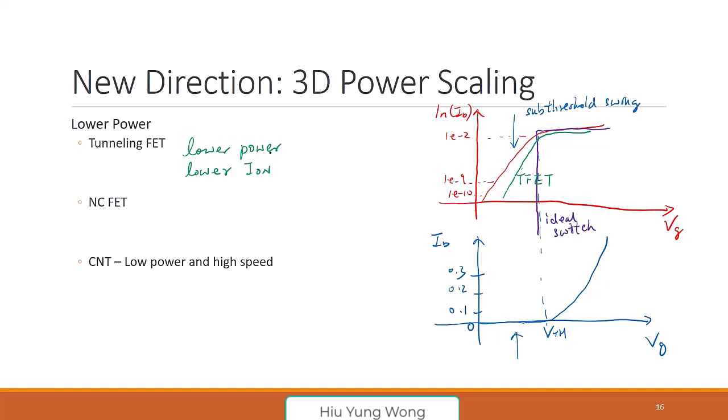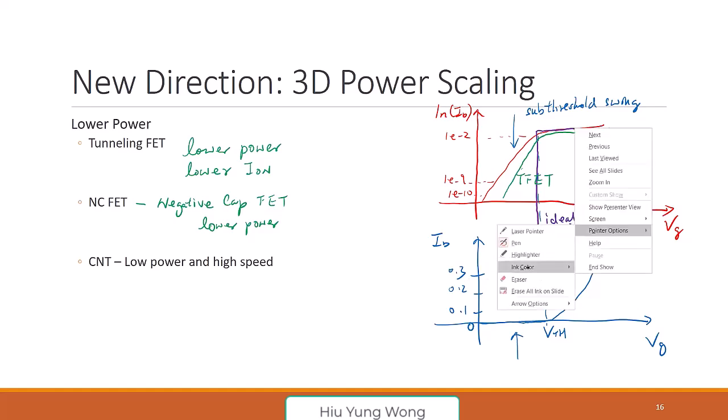Very low power consumption. Another is NC FET, called negative capacitance FET. Right? That sounds very cool. How can you have negative capacitance? We will discuss it later. But it also has a similar characteristic. It also has lower power, because it also has a more steep subthreshold slope.